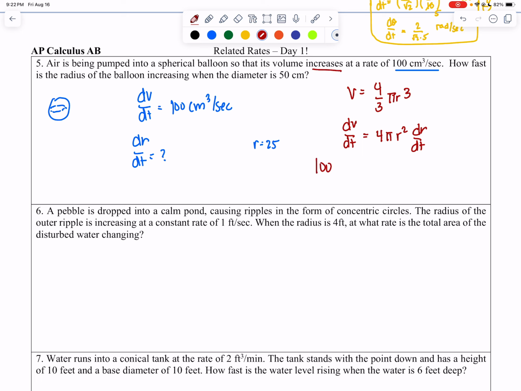So I have 100 centimeters cubed per second is equal to 4 pi. Now we have our r, that's going to be 25 squared. So this is going to be centimeters squared. And then we want to figure out what dr/dt is.